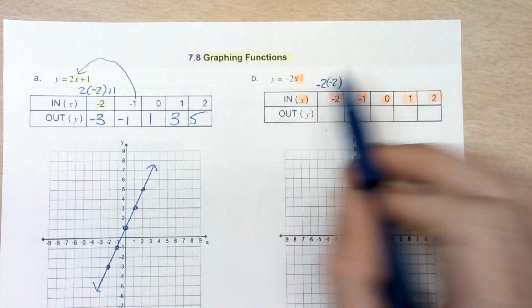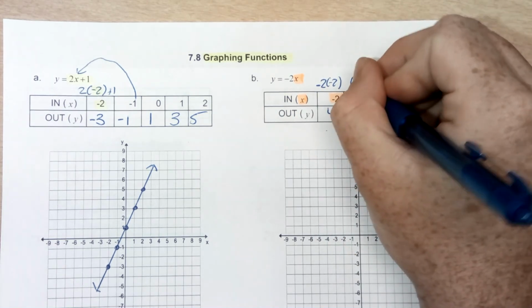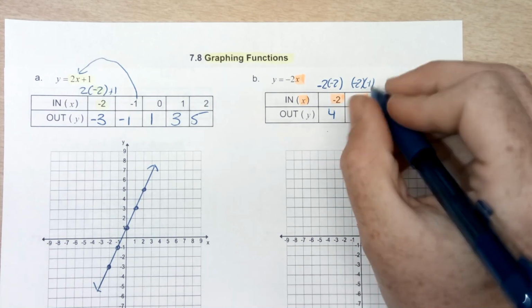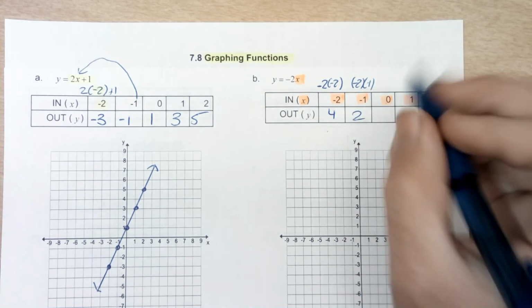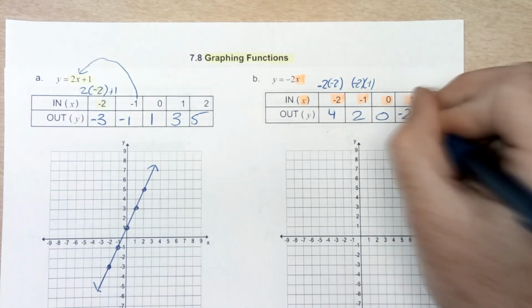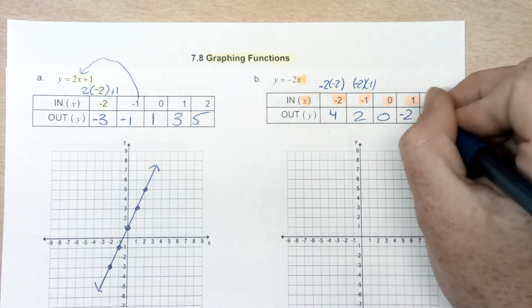Negative 2 times negative 2, that would give me a positive 4. Then I have negative 2 times negative 1. Negative 2 times negative 1 would be a positive 2. Negative 2 times 0 would be 0. Negative 2 times 1 would be negative 2. And negative 2 times 2 would be negative 4.